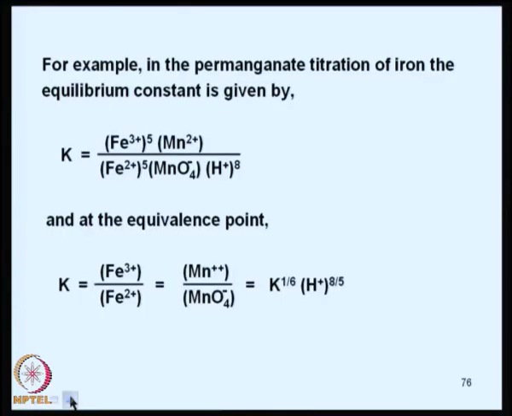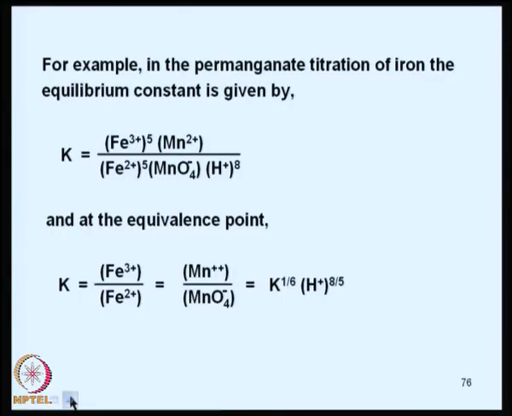So, that is redox reactions. The potential calculations also will become subsequently complicated. One such example is reduction of potassium permanganate, reduction of permanganate ion by iron.